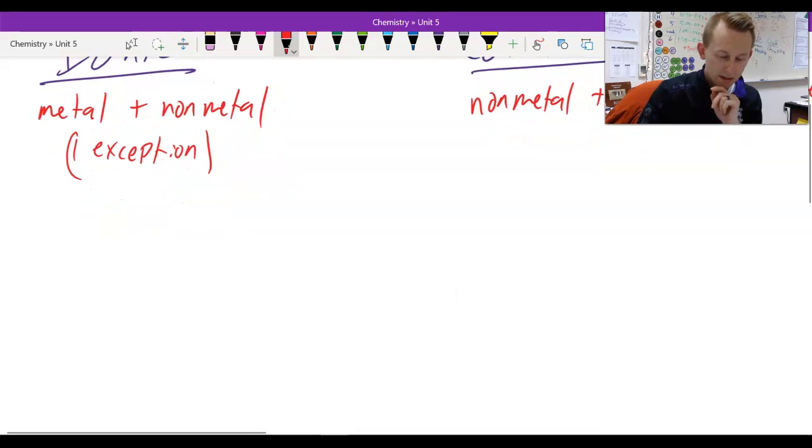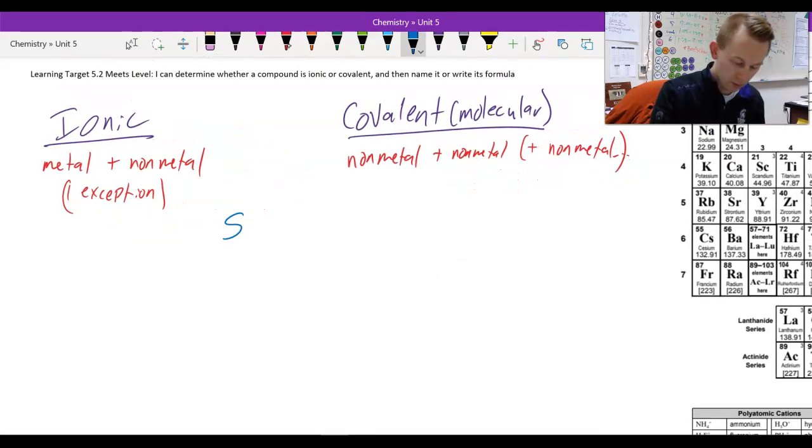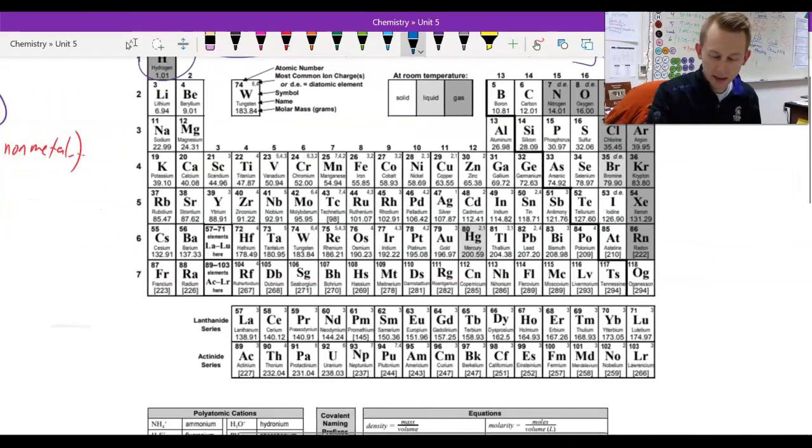So let's look at some examples here. Let's look at SO2 or sulfur dioxide. Now you have to ask yourself, is this ionic or is it covalent? To help answer this question, we have to look at the periodic table.